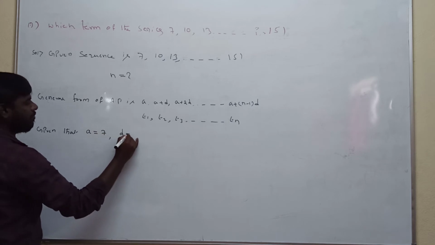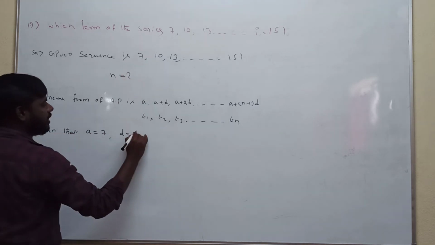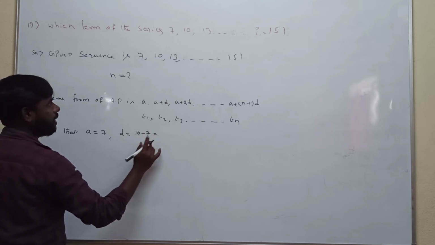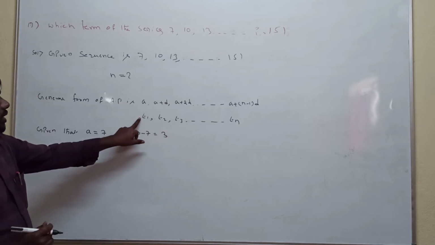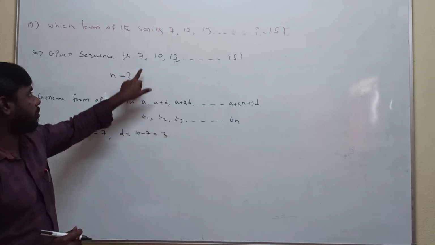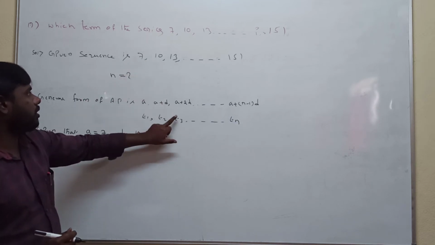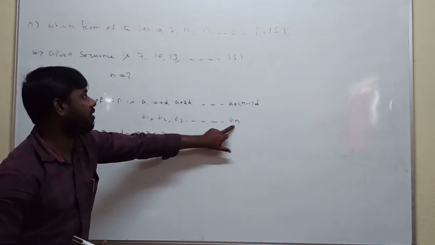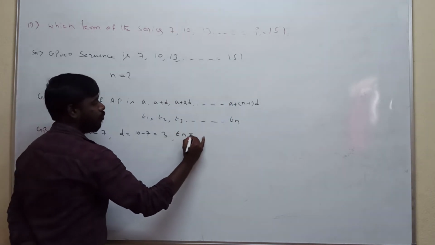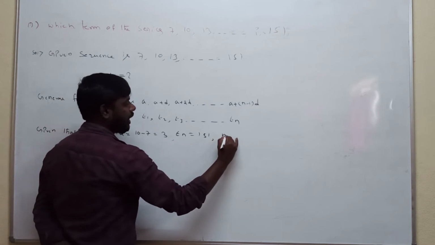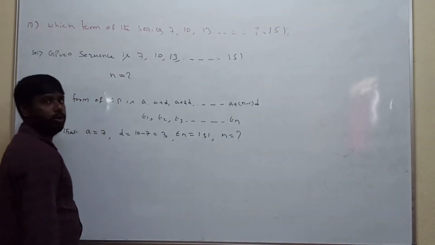Next, common difference: 10 minus 7, any term minus the term before it. 10 minus 7 value is 3. Now, first term is 7, second term is 10, third term is 13. Tn value is 151. Tn value is 151, to calculate the n value.